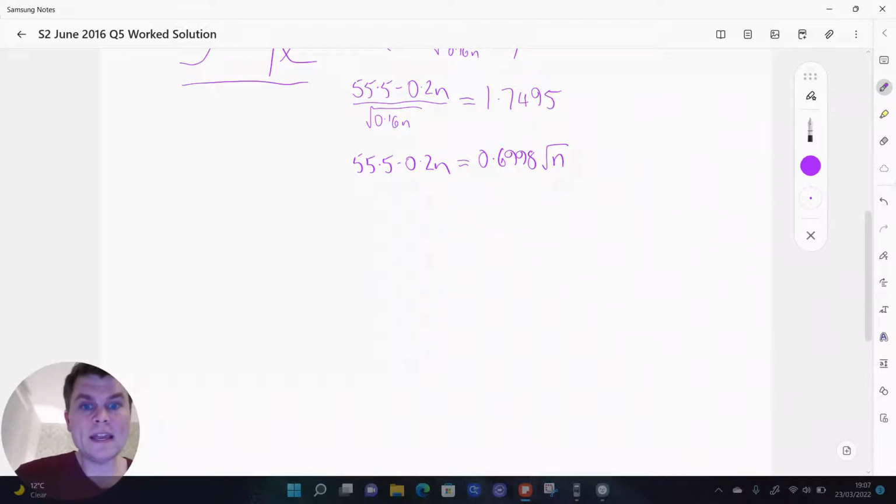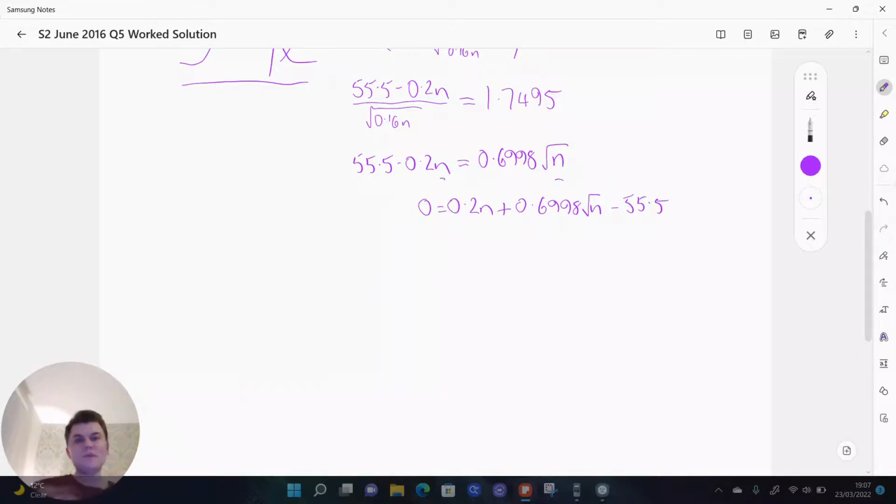So now what you can possibly see is that we have the makings of a quadratic equation. So if I rearrange it first to get it all to equal 0, I have that. And we've seen these before in pure maths.